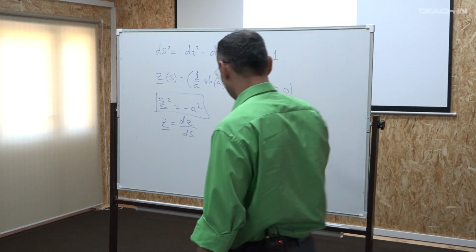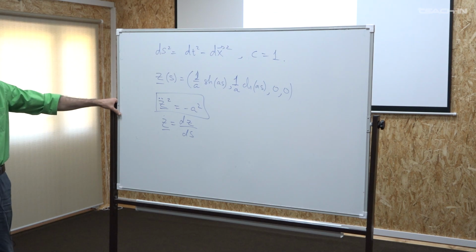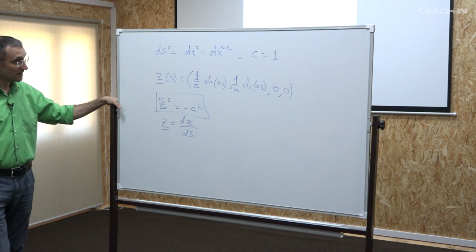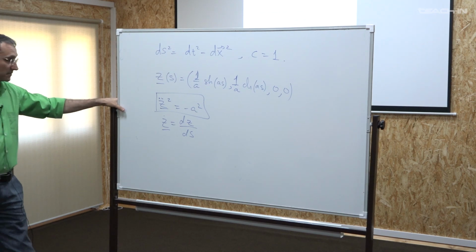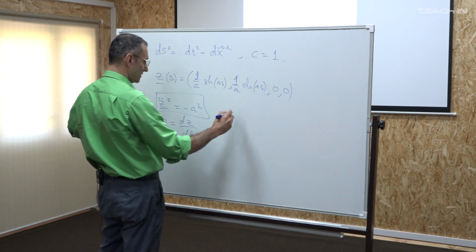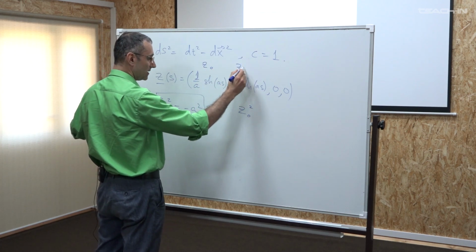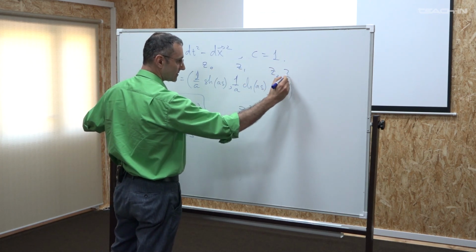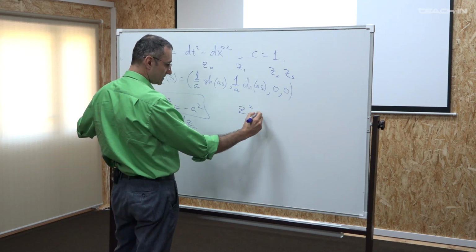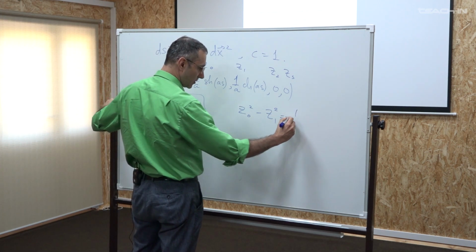But if the speed increases, the curve is a bit different from what you would expect. It's very easy to check that z0 squared minus z1 squared is just minus 1 over a squared.